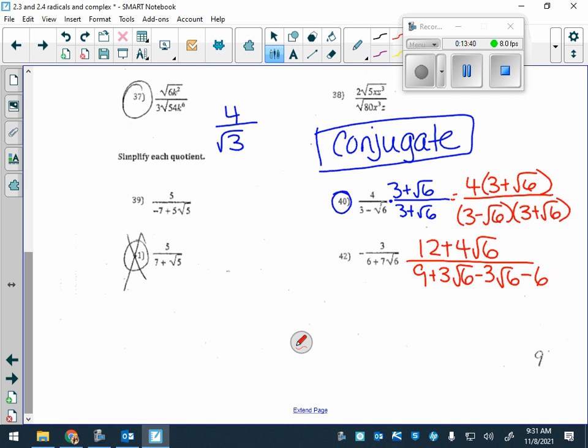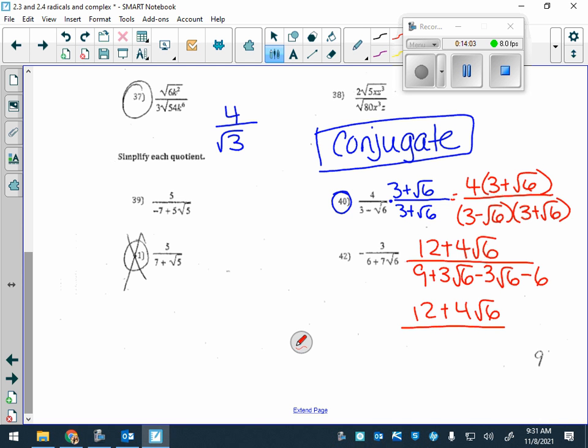So, everyone okay? Okay. Negative root 6 times positive root 6 is negative root 36. Root 36 is just 6, so you end up with the number inside. Okay? So now, you have 12 plus 4 root 6 is just your numerator.